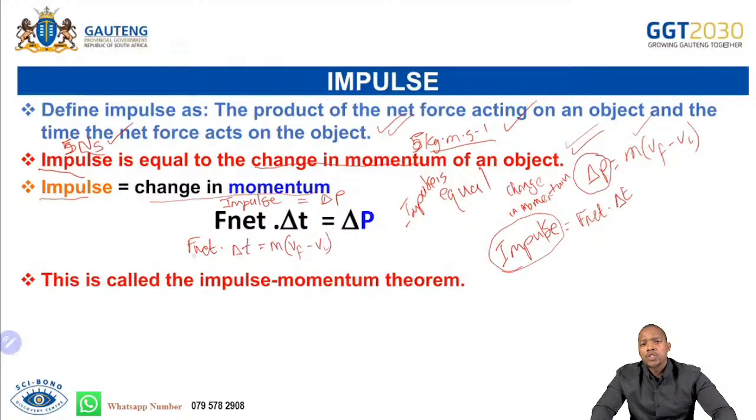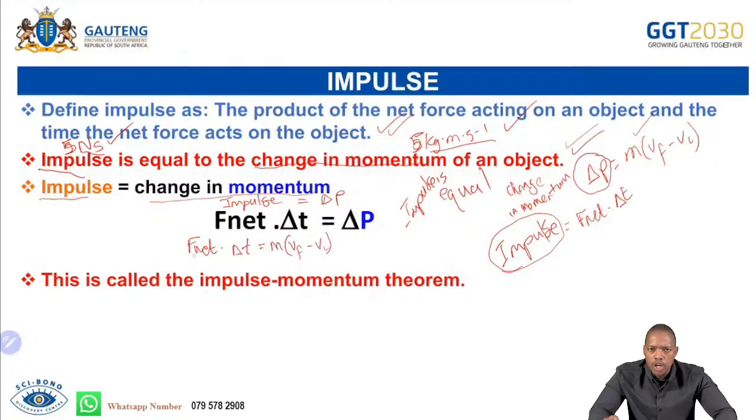But luckily for us, we will never be asked to define or state the impulse momentum theorem. What we must be able to do is apply it in calculations, determining the force, determining the time, or even determining the initial or the final velocity of that object, as long as we understand the relationship between the two. The relationship is that they are equal.